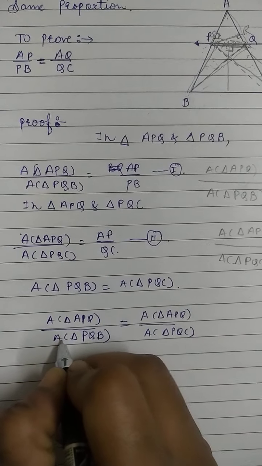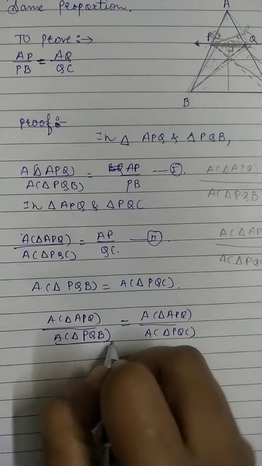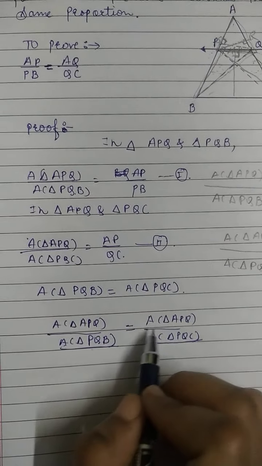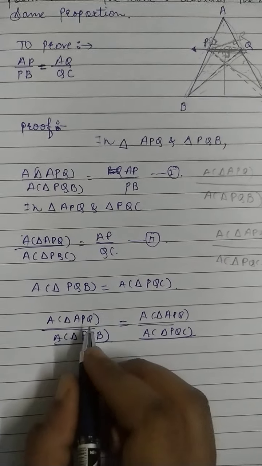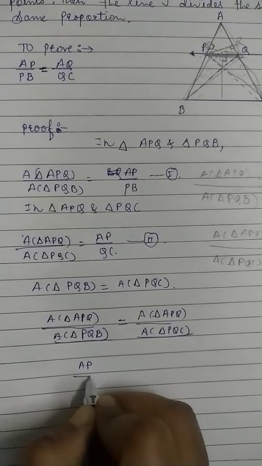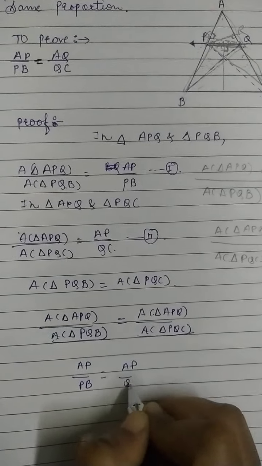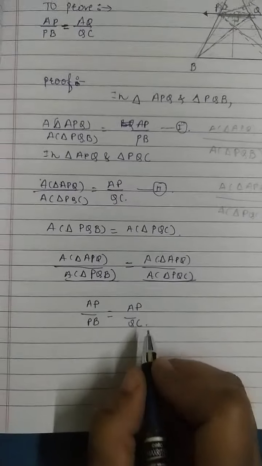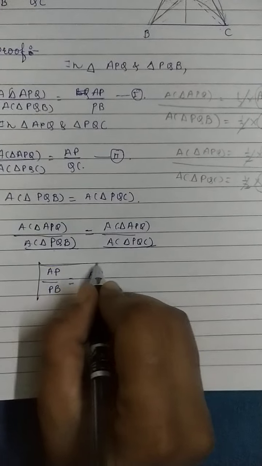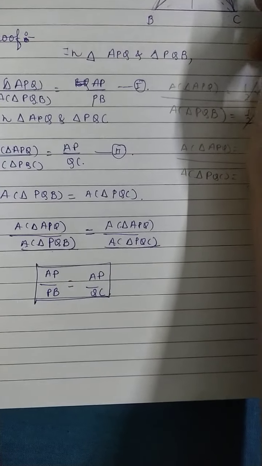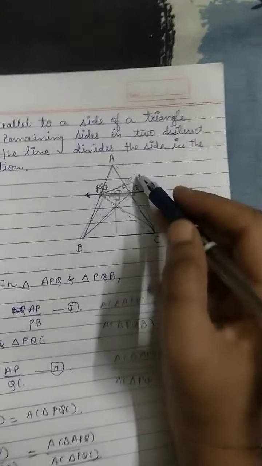Why? Because the areas of these two triangles are the same. That's why the ratio is again the same. So it is AP upon PB equals AP upon QC. That is what we have to prove: AP upon PB equals AQ upon QC.